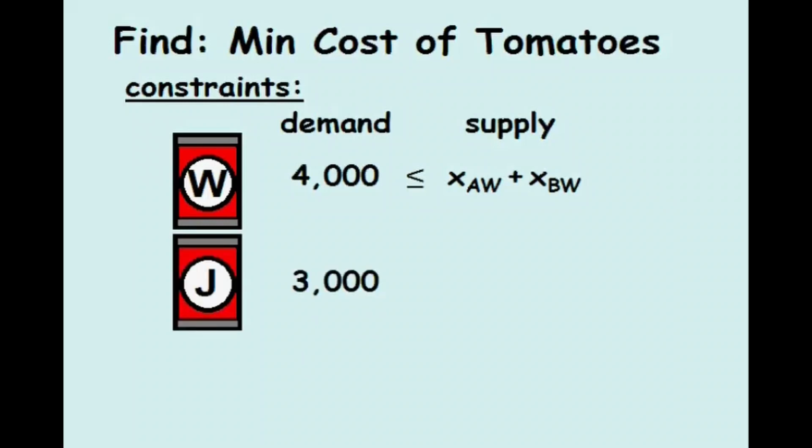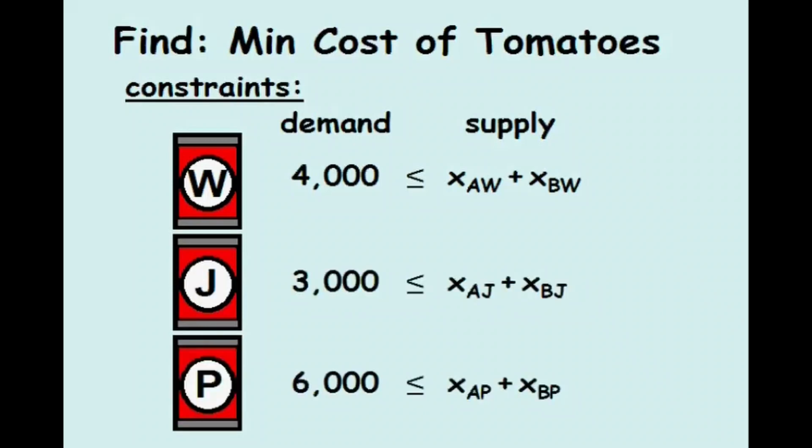The total demand for tomato juice is 3,000 pounds. Therefore, XAJ plus XBJ must be at least 3,000 pounds. Lastly, the quantity of grade A and grade B tomatoes purchased for tomato paste must be at least 6,000 pounds.